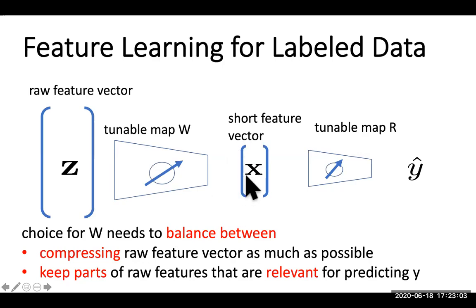But there's a limit to how much we can compress the raw feature, because this raw feature contains some information about the label which we want to predict, and we need to keep the relevant parts of the information. Otherwise, we will lose relevant information, and we cannot in any way predict the label from this new feature vector x.